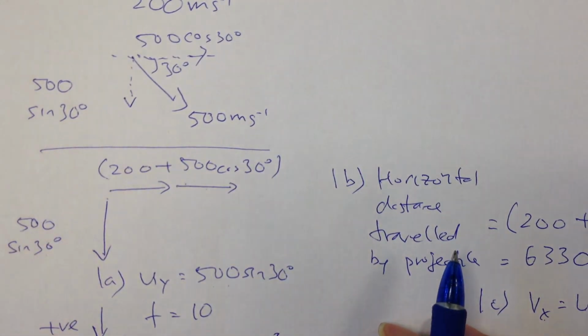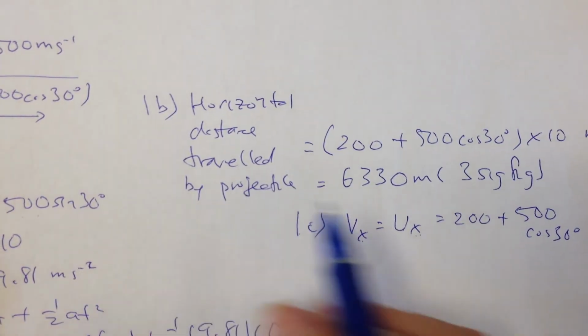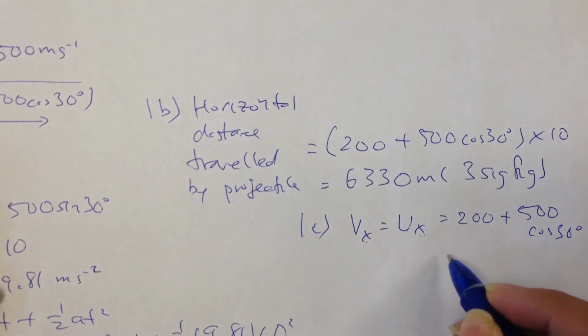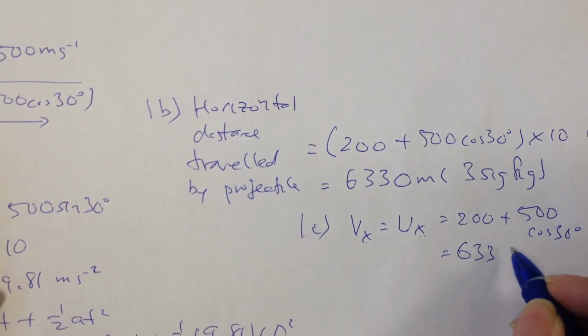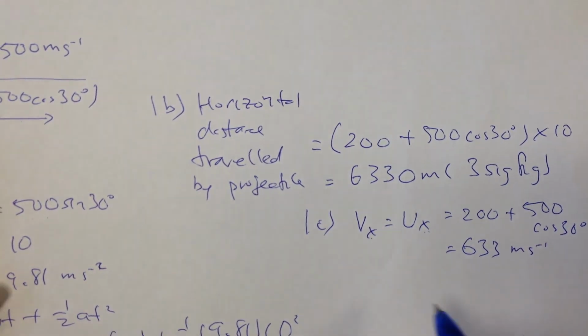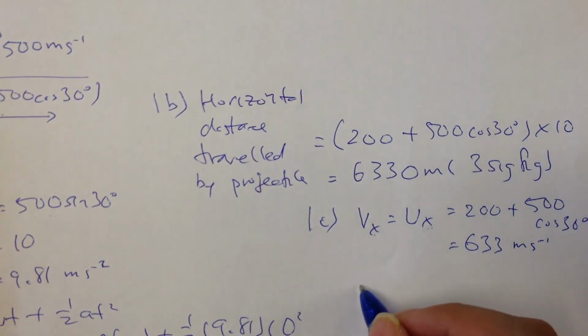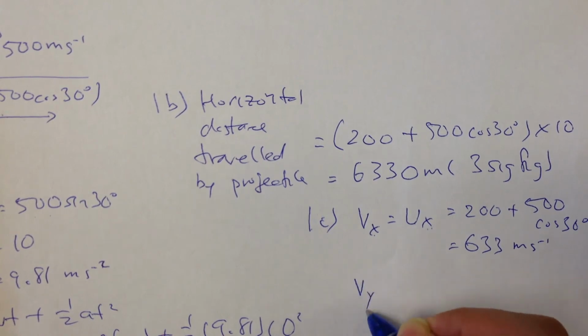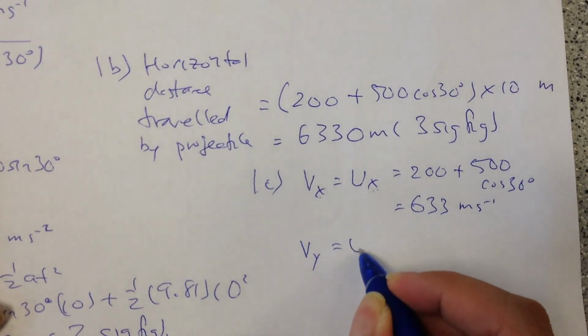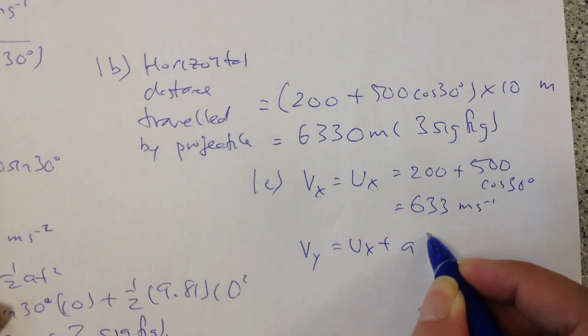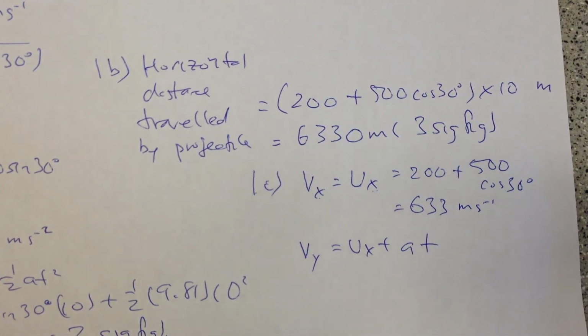That's equal to 633 meters per second. Now, for the vertical, we use v equal to u plus at, correct?